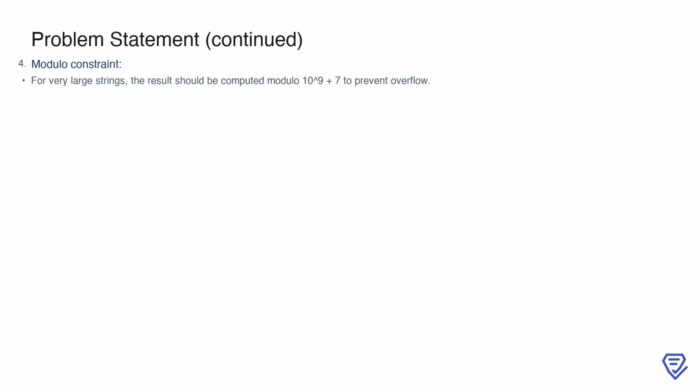Finally, to handle very large strings, we must compute the result modulo 10 to the power of 9 plus 7. This ensures that the output remains manageable and prevents integer overflow. With these constraints and examples in mind, we are ready to dive deeper into the solution approach.